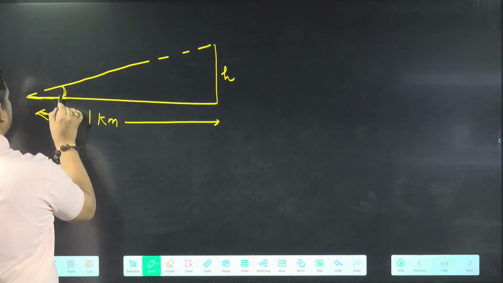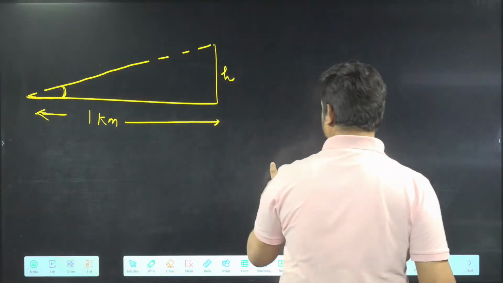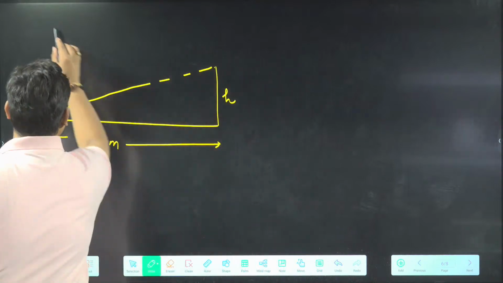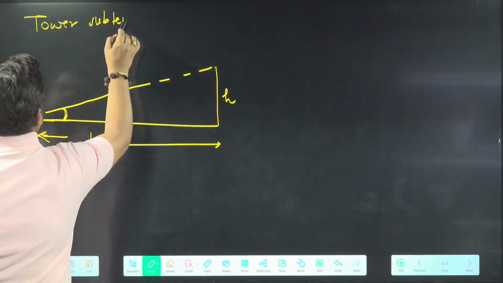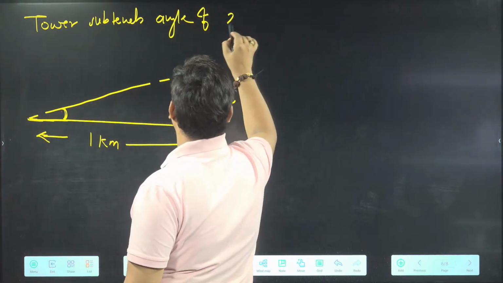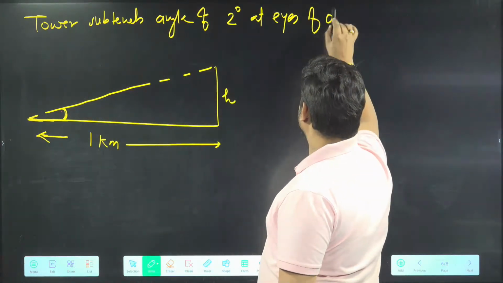Suppose the question will be given like this: a tower subtends an angle of 2 degrees at the eyes of an observer.